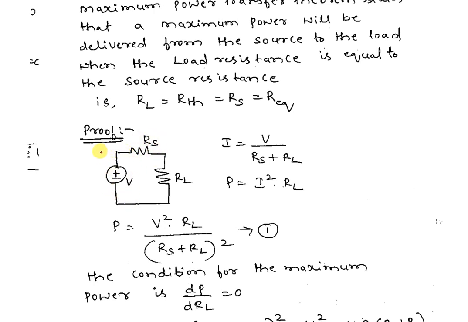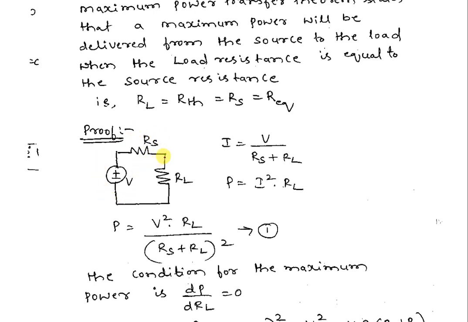So for all problems related to the maximum power transfer theorem, first convert the given complex network into Thevenin's equivalent circuit, where you have VTH in series with RTH. Here we are considering a voltage source V with internal resistance RS. Otherwise, you can also consider this as VTH and RTH, assuming that the given network is Thevenin's equivalent circuit.